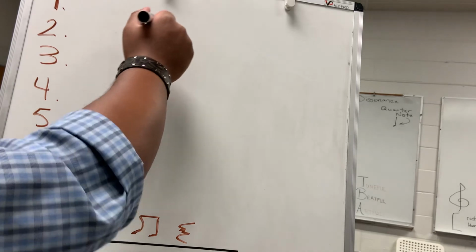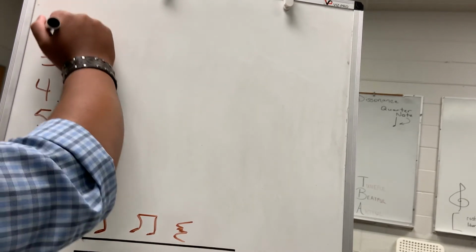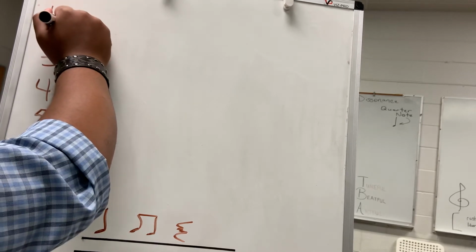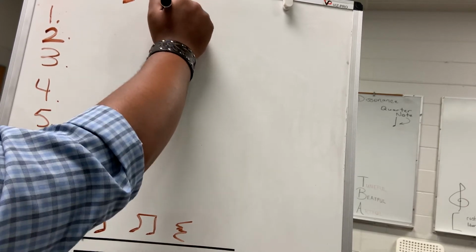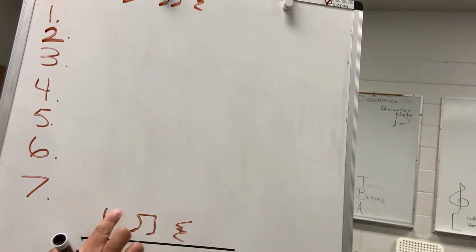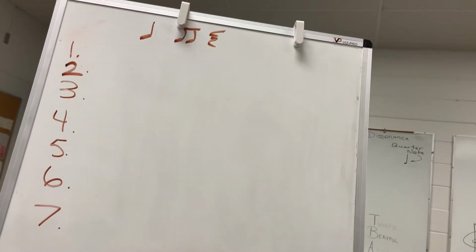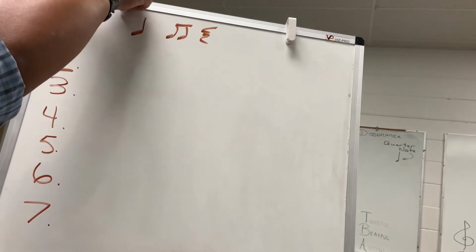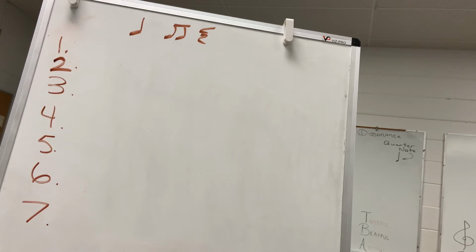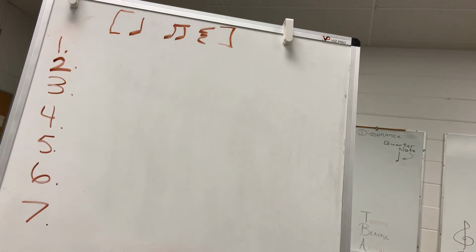I'll write it up here a little bit so you can actually see better. You can also write this on the paper as well to give yourself a little help if you need it. You're going to have either one of those 3 options.